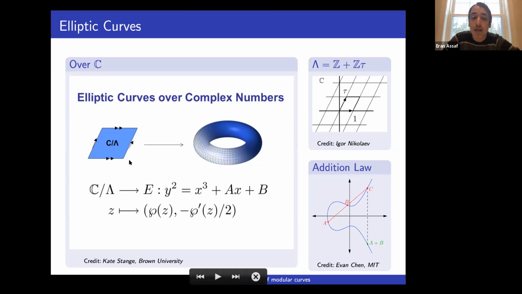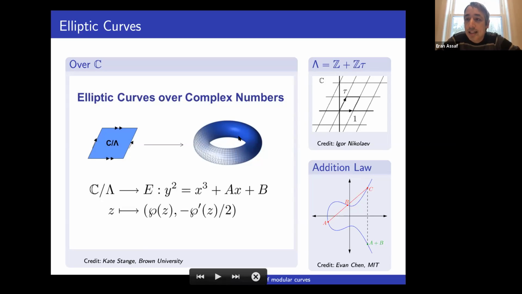That is, we take this parallelogram and we identify opposite edges. If you identify one pair of opposite edges, you get a cylinder. And when you identify the other pair of opposite edges, you get this torus, this donut-shaped thing. What Weierstrass understood is that every elliptic curve can be constructed as this donut, and vice versa.